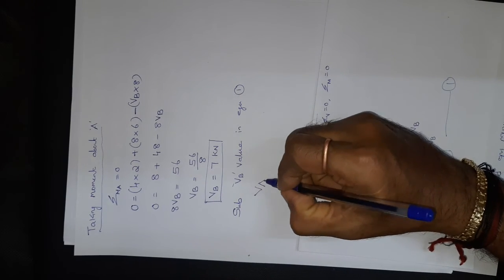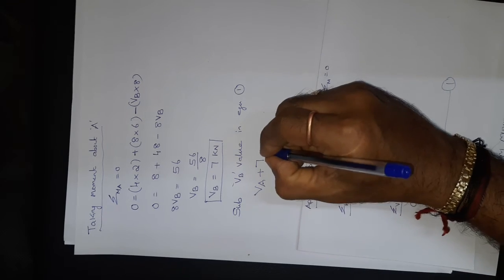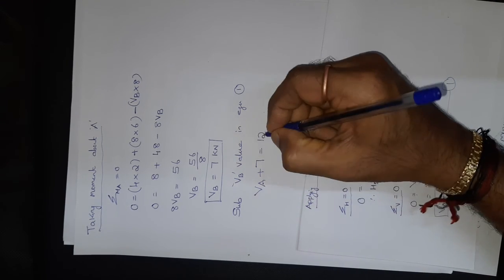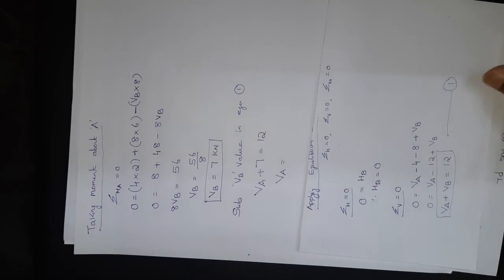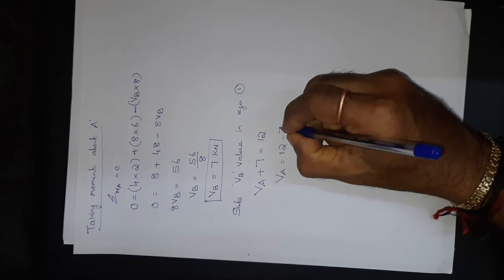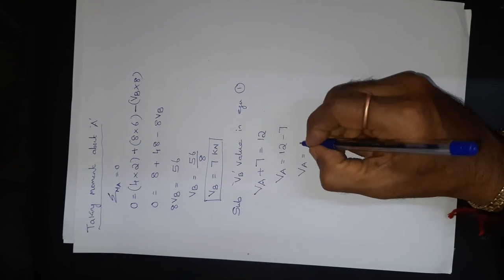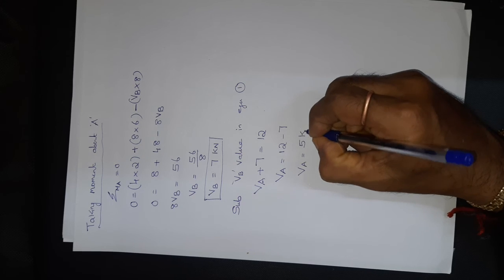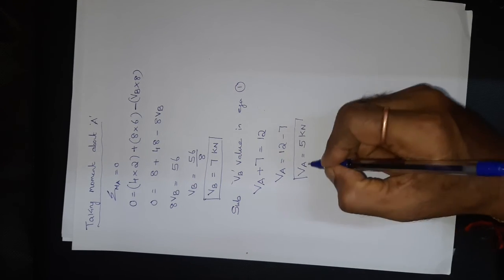So VA plus 7 equal to 12. So VA equal to 12 minus 7, which is 5, and the unit of reaction is kilonewton.